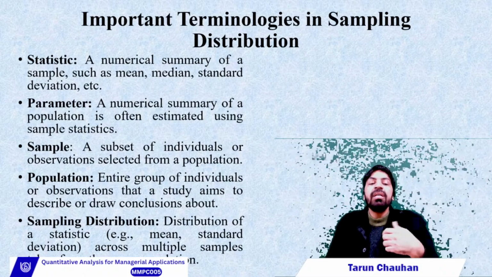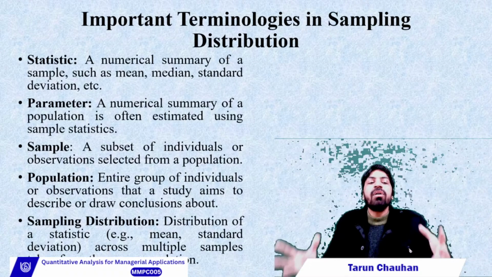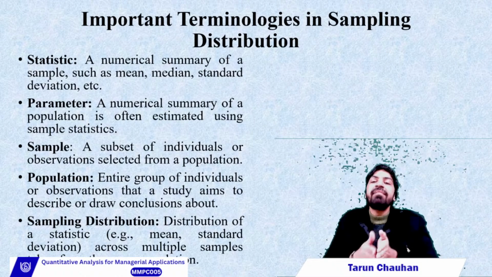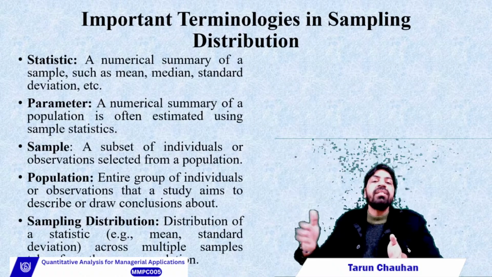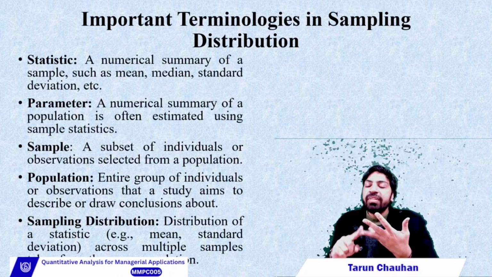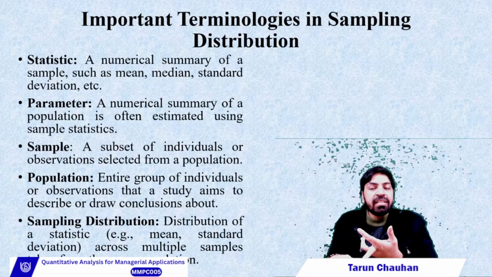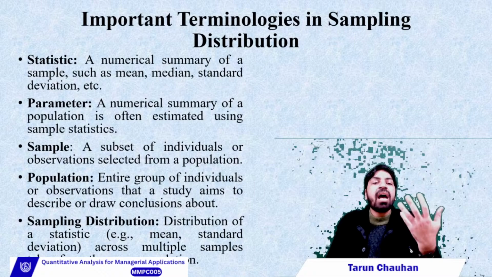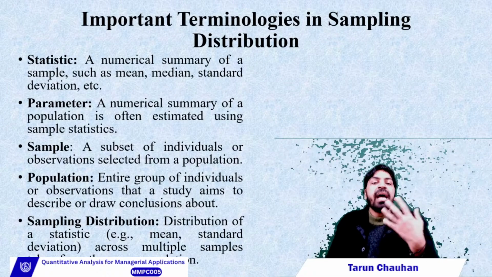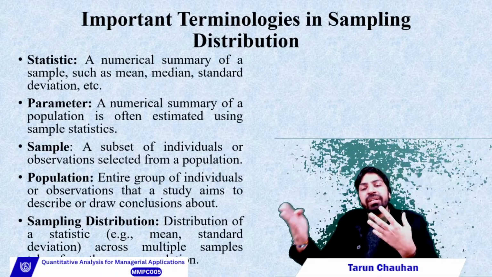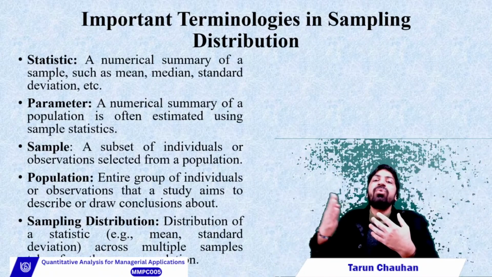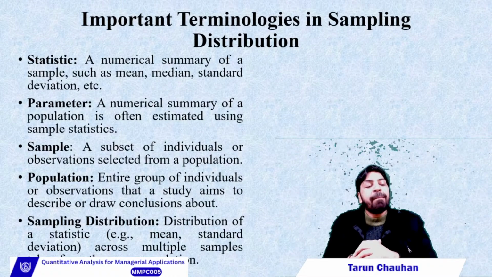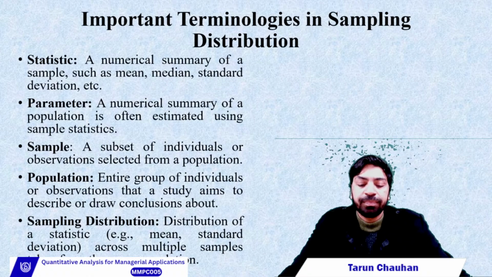Sampling distribution is the distribution of the statistic across multiple samples, where each sample has a different mean, standard deviation, median, and mode. Suppose I have collected data from 10 samples, and every sample has a different mean score, standard deviation score, median score, and mode score. That becomes the sampling distribution.